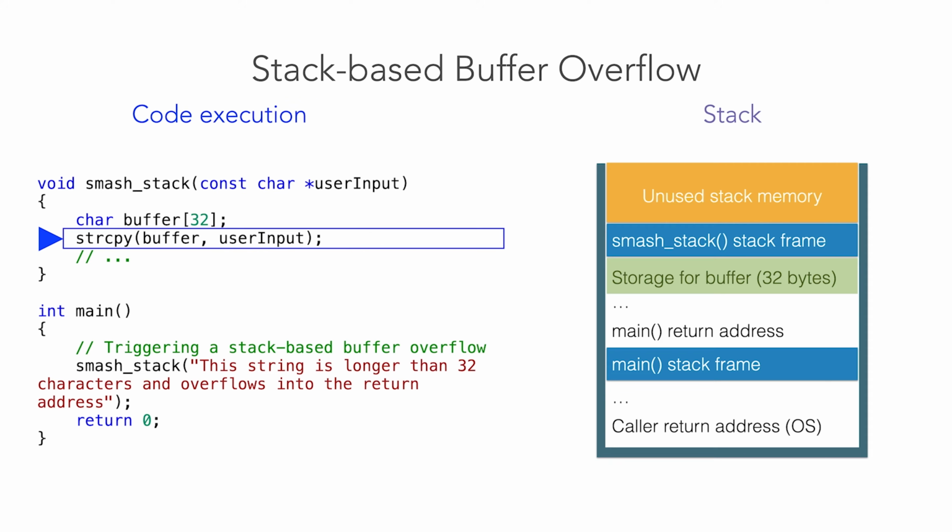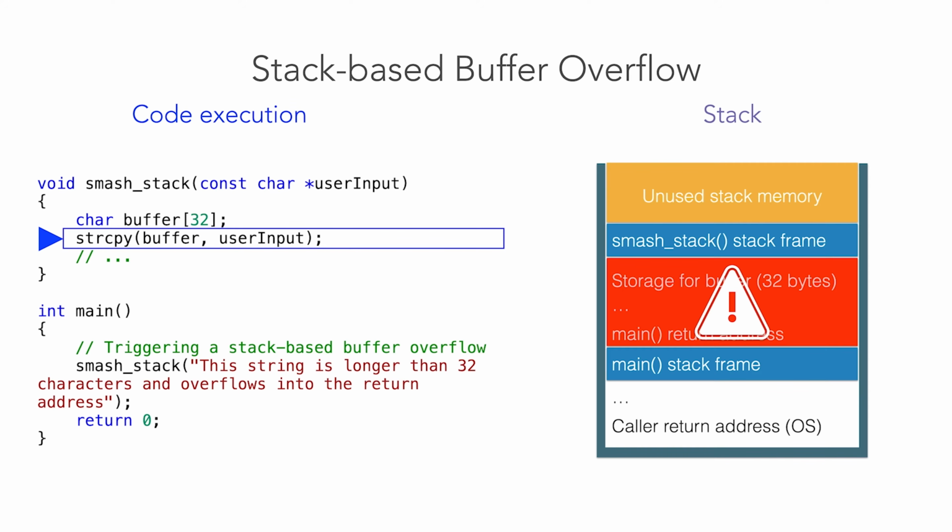The vulnerability here is that strcpy does not check if the source string, user input, is larger than the destination buffer. If user input is larger than the buffer, strcpy will keep copying data past the end of the buffer. This can overwrite the local variables and the return address stored in the stack frame.